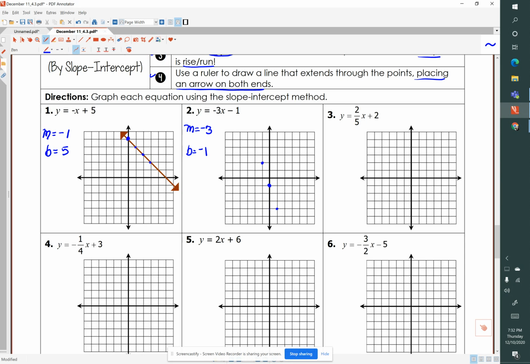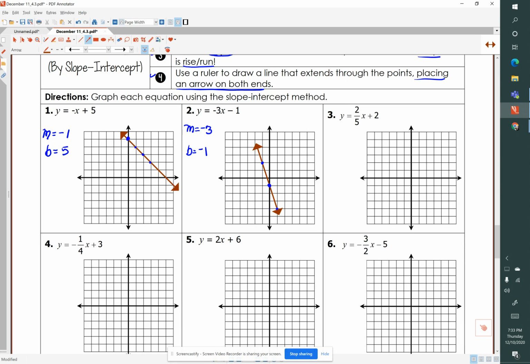And then we'll graph that line. And there's our line. You know, I could have done that a little better. Let me erase that and see if I can do a better job with that line. Yeah, it looks a little better.